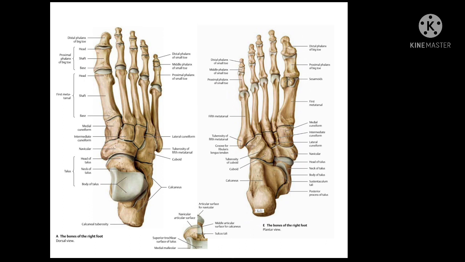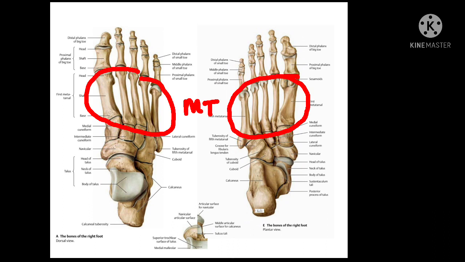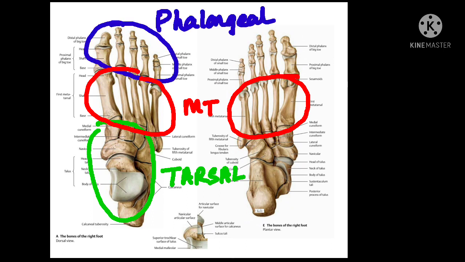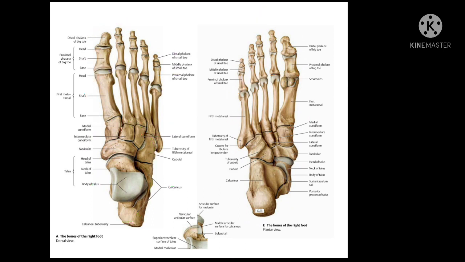In this session, we will talk about the metatarsal bones. The metatarsal bones are situated between the tarsal bones proximally and the phalangeal bones distally. There are 5 metatarsal bones and they are numbered from medial to lateral side as first, second, third, fourth and fifth.